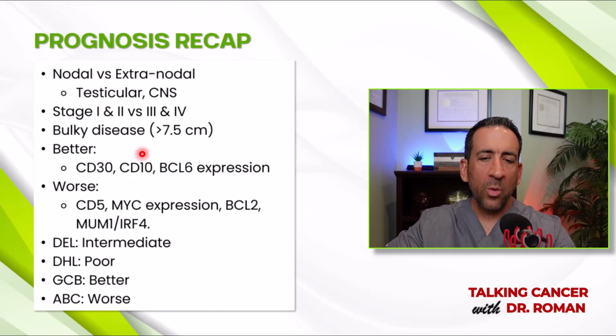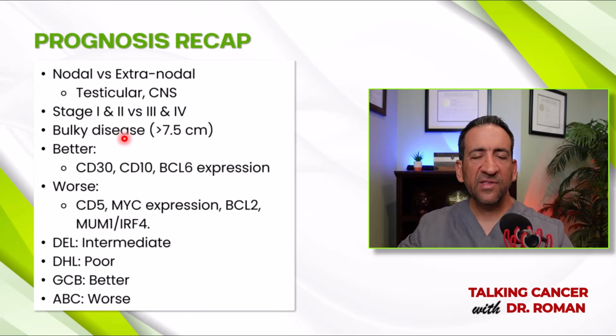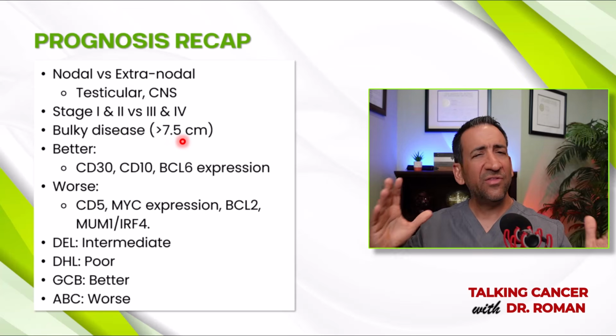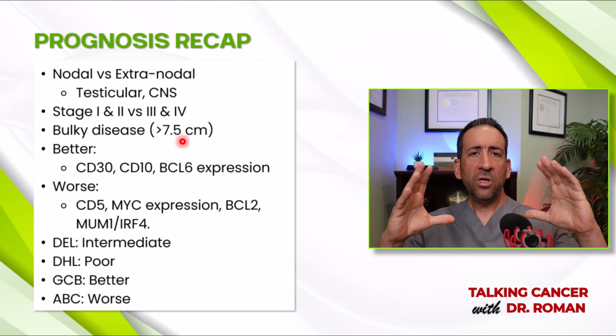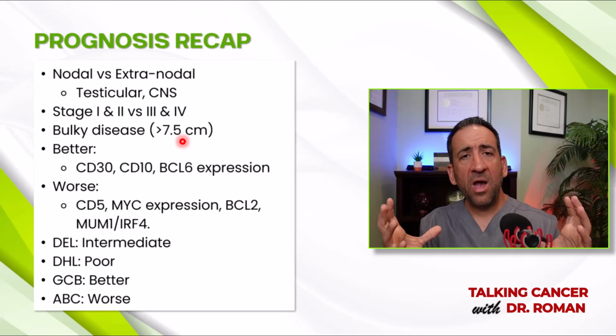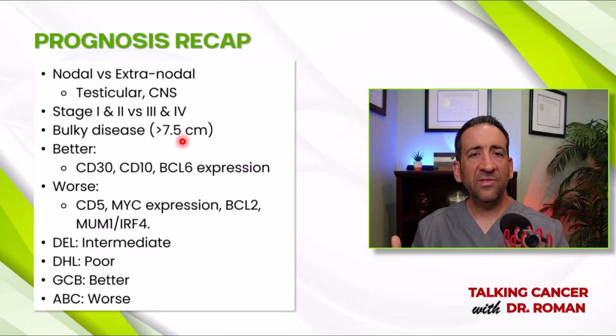The next one is what we call bulky disease. And this simply means that you have a lymph node or a mass of lymphoma within your body that is very large in size. Usually the magic number is 7.5 centimeters or greater. And this makes sense. The larger a ball or a mass within your body, the worse off that tends to be.